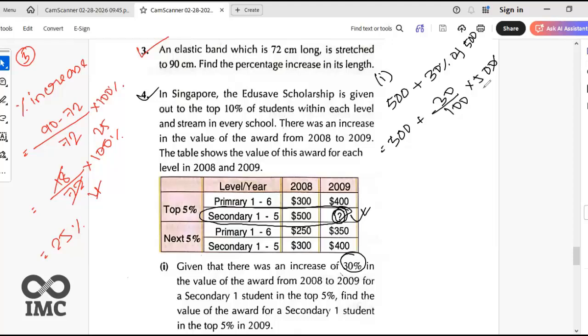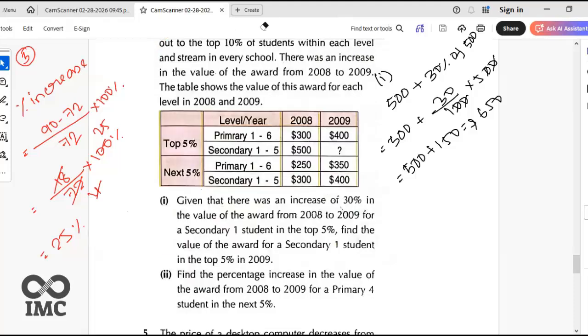Now cancel the zeros. 30 times 5 is 150. So 500 plus 150 will be $650. That means in 2009, the amount of the scholarship is $650.